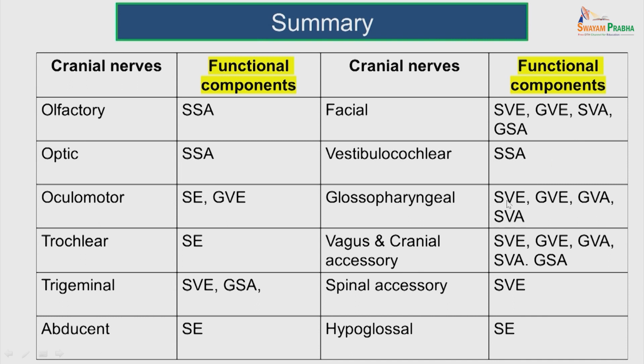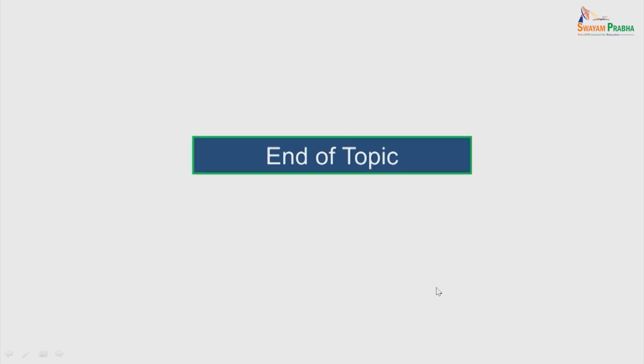Glossopharyngeal has special visceral efferent, general visceral efferent, general visceral afferent and special visceral afferent columns. Vagus and the cranial part of the accessory have special visceral efferent, general visceral efferent, general visceral afferent, special visceral afferent and general somatic afferent. The spinal part of the accessory has the special visceral efferent column, and hypoglossal has the somatic efferent column. So, these are the cranial nerves with the functional components.